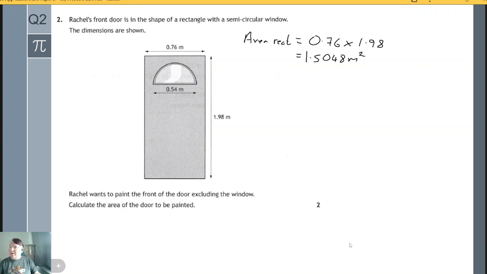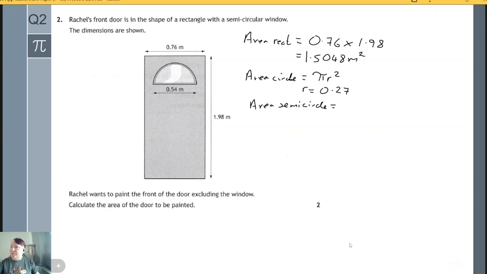Okay, and our semicircle, so area of a circle to begin with. If you look at your formula sheet, you'll see that the area of a circle is pi r squared. We're told that our diameter is 0.54, so our radius is going to be half of that, which is 0.27. So the area of the semicircle is half of the area of the full circle.